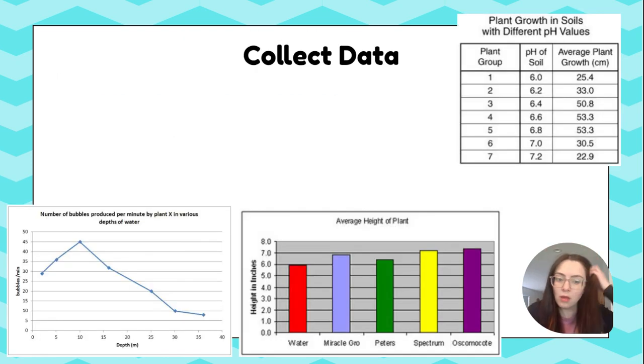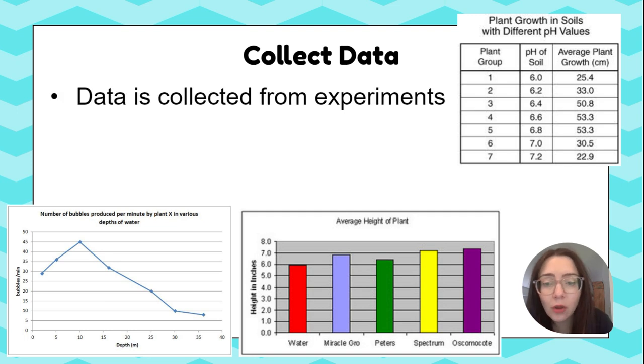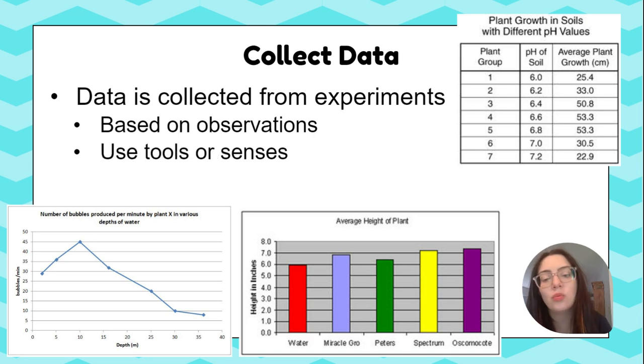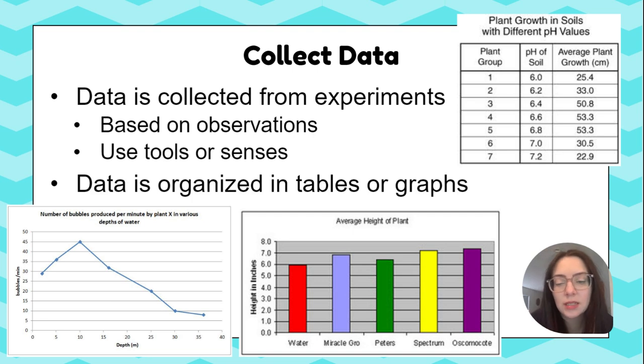Okay, now we need to collect data, and there's a couple ways we can display our data. All right. It's based on your observations. We'll use tools, senses. So maybe you're using a thermometer, maybe you're using a scale to take mass, maybe you're using a ruler, and you're using your senses.